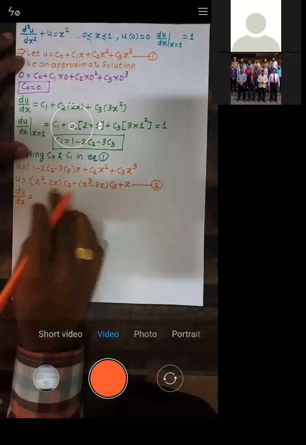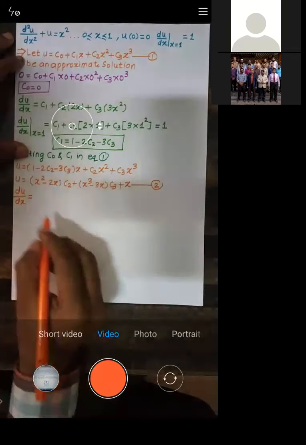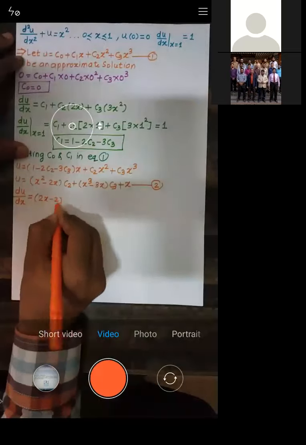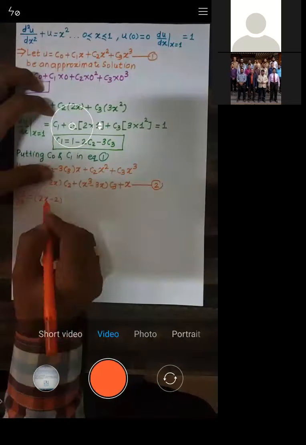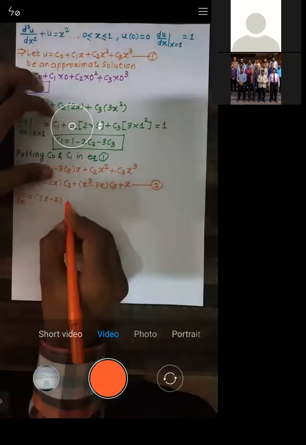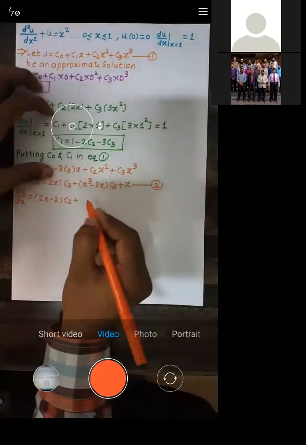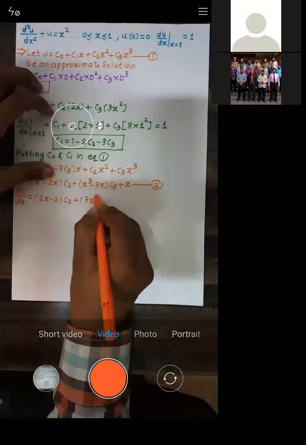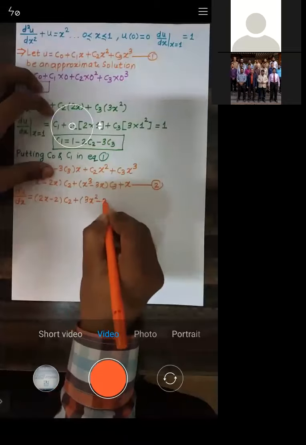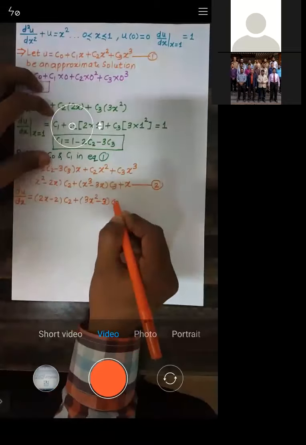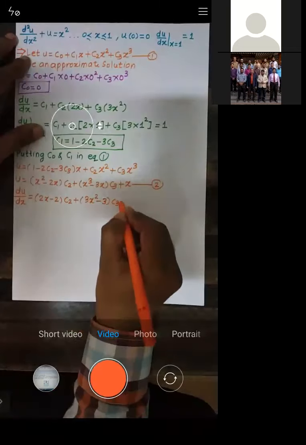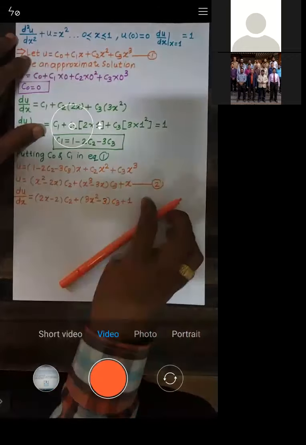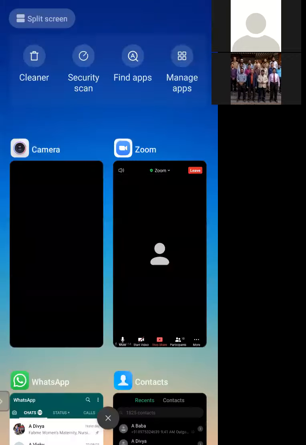What you'll get is 2x minus 2, since the derivative of x square is 2x and the derivative of 2x is 2, times c2, plus the derivative of x cube is 3x square minus the derivative of 3x which is 3, times c3, plus the derivative of x, which is 1.